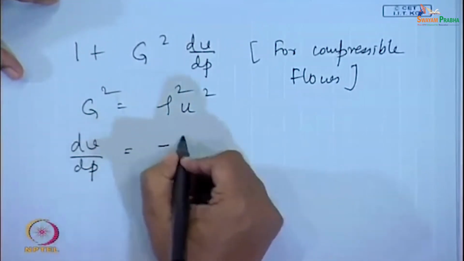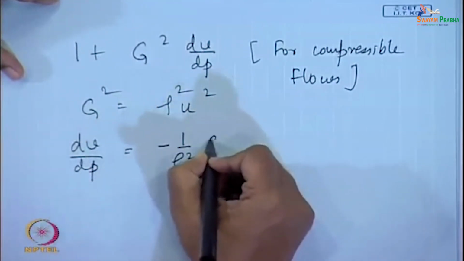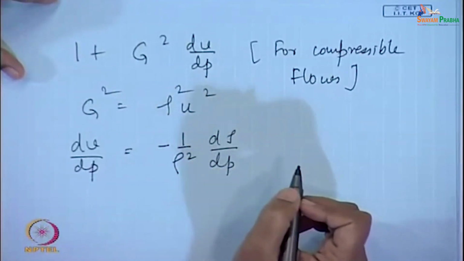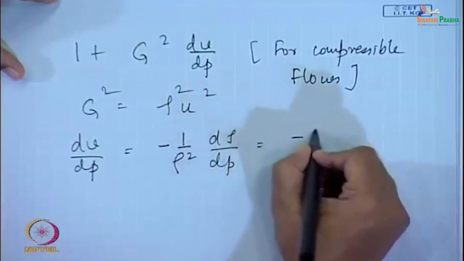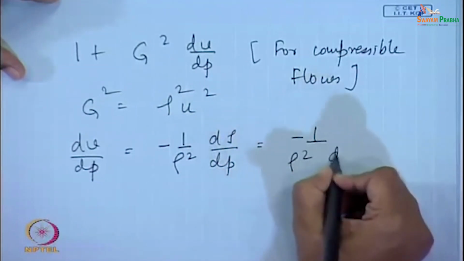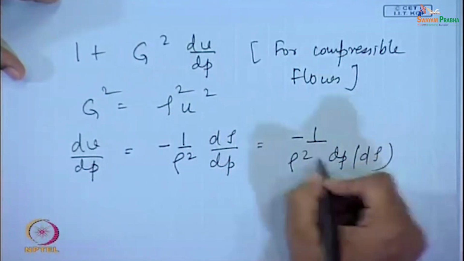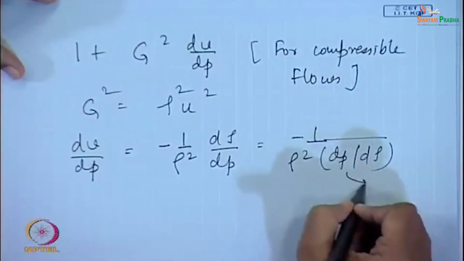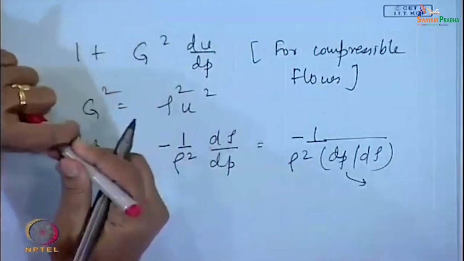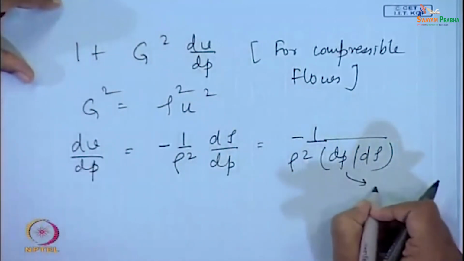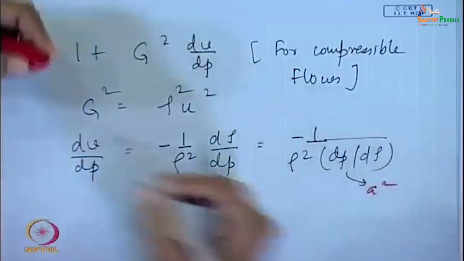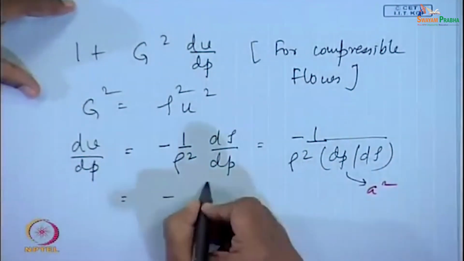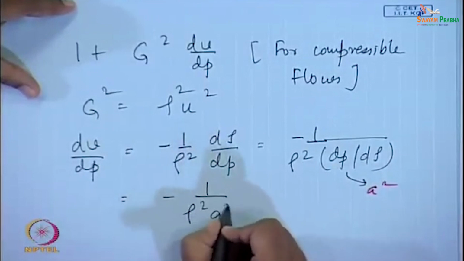This is nothing but 1 by rho square d rho dP, agreed. Can we write it in this particular form? And what is this equal to? dp d rho is a square, right. So, this is nothing but minus 1 by rho square a square.